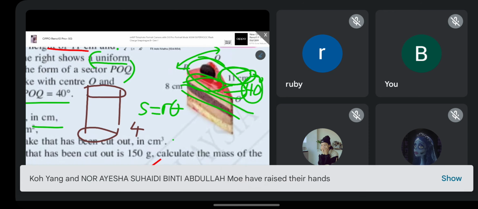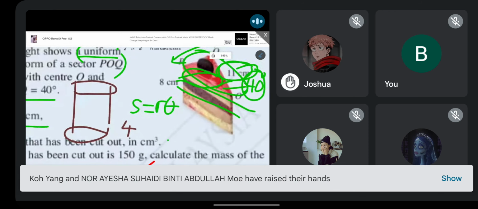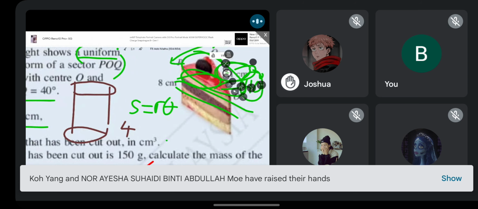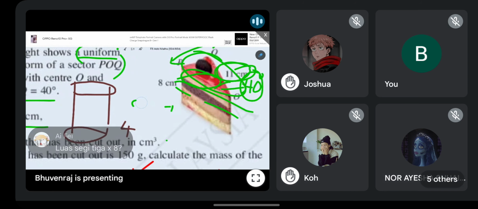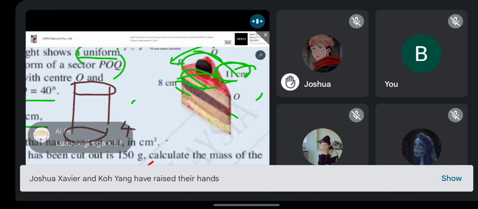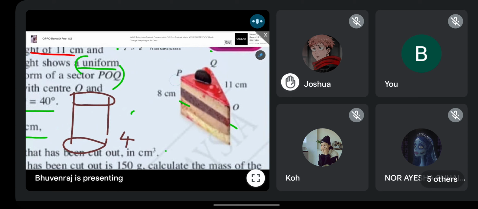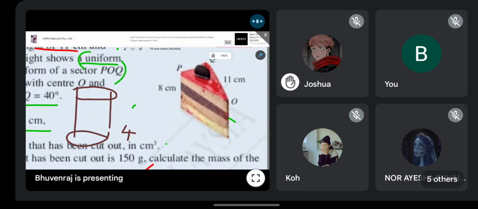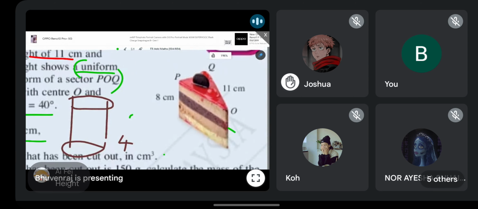Okay, so I explain. So listen carefully, guys. So volume. So guys, you try to think of this lah. Luas segitiga kali 8. Aifeh, mengapa kali 8? Oh, 8 tu. Okay. Aifeh, this one is not triangle lah, Aifeh.